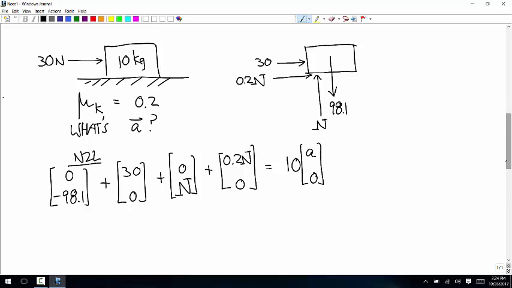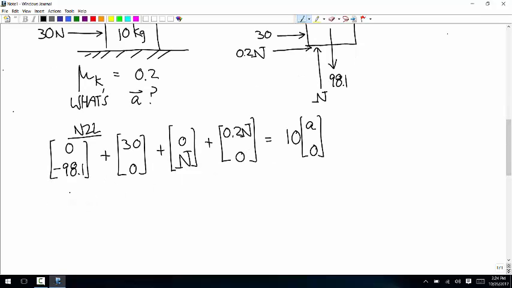So we're always going to solve the y equation to find N and then plug it into the x equation. That's how you're going to do every problem. So the y equation says negative 98.1 plus N is equal to 0.